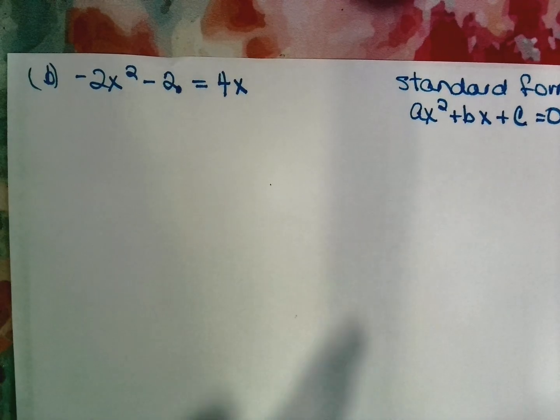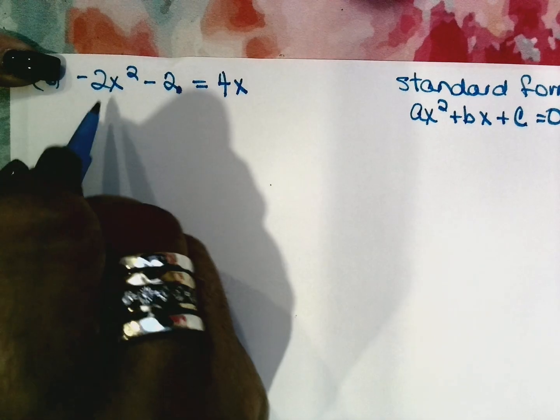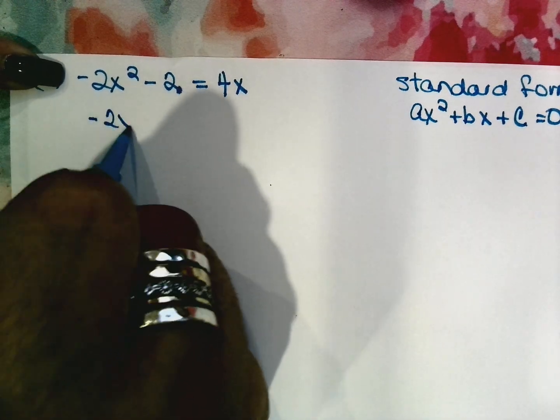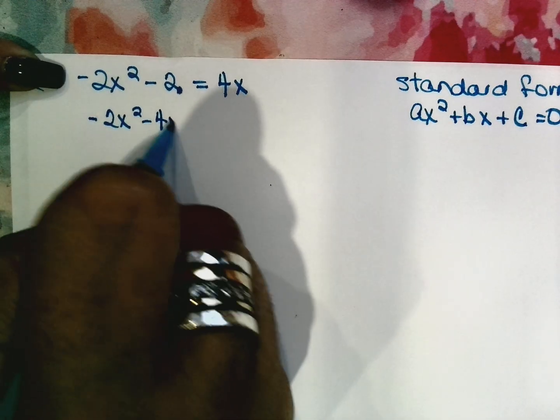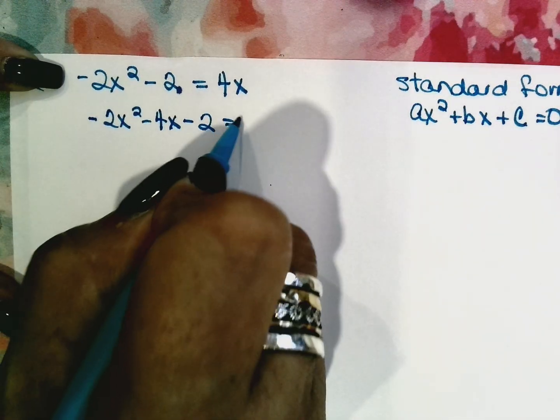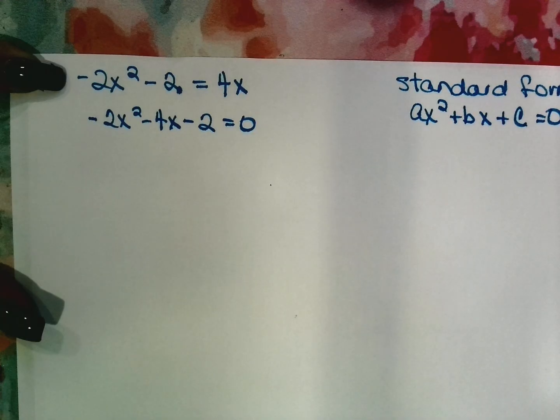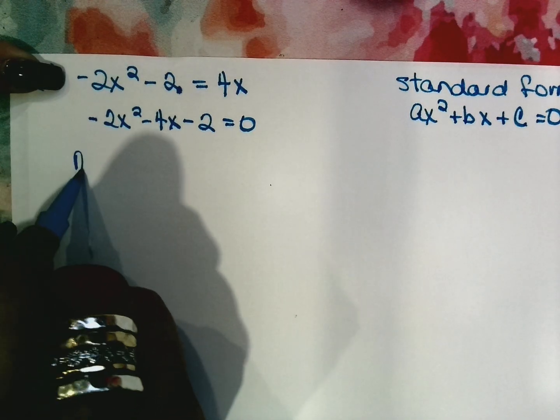So let's go ahead then and subtract 4x from both sides. So we get negative 2x squared minus 4x minus 2 equals 0. And again, we need to find our vertex. But before we find our vertex, we must find our axis of symmetry.